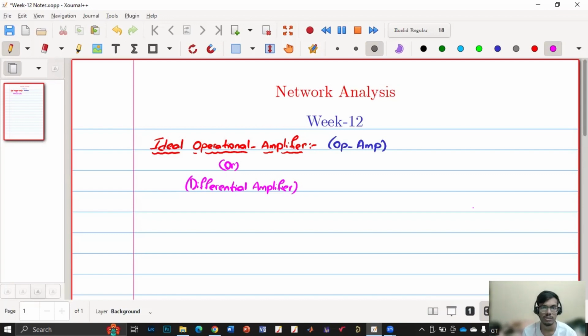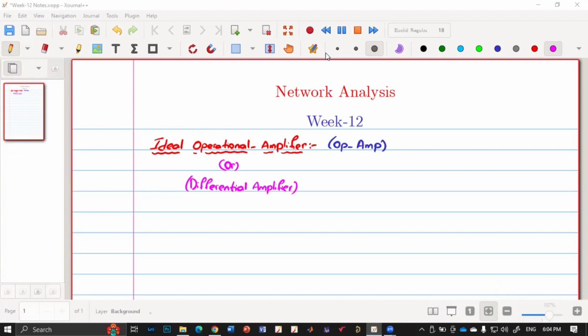Op-amp is widely used in many applications. It has a very big application network, so it can be used in any of the signal conditioning circuits. Wherever we use an amplifier, you can use an op-amp, or if you want to subtract two signals, you might be using an op-amp.